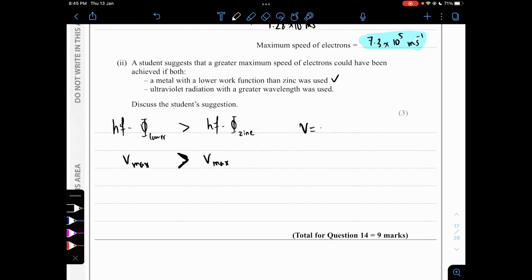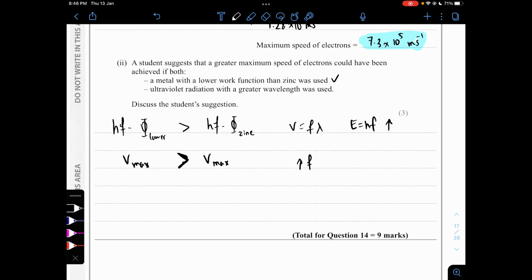What about v equals f lambda, right? If we have a greater wavelength, are we going to increase speed? Let's just go back a bit. Maybe it's not the right formula to use. To increase speed, what should we do? We know frequency is increasing, because we have E equals hf, right?